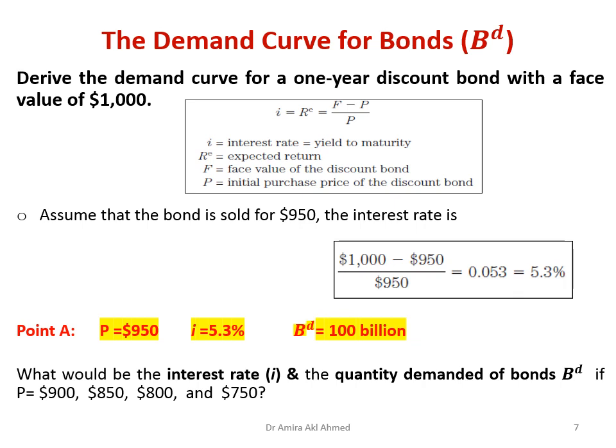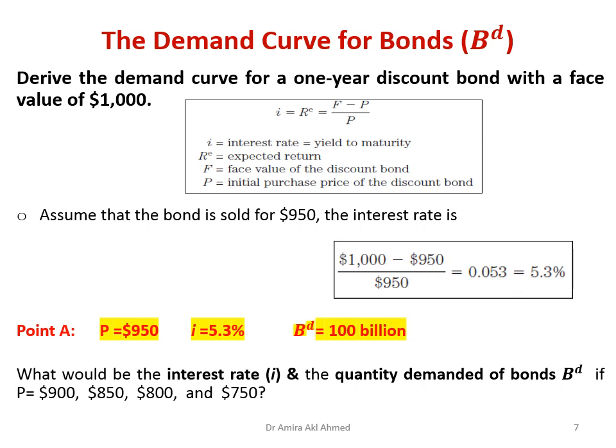Hence, we could use equation 6 in chapter 3 to compute the expected return on this bond. This equation is shown below. It tells us that a particular value of the interest rate corresponds to each bond price. Let's assume that the bond is sold for $950.